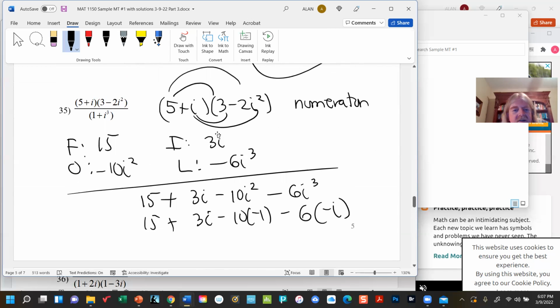I better double check this. 15. Oh, I don't know what happened here. Why did I make this 6? This is 2. Yeah, I knew something was wrong. All right, hold on. Let me fix this real fast.